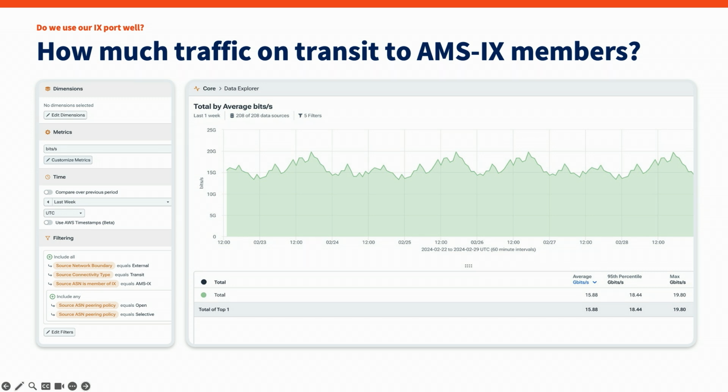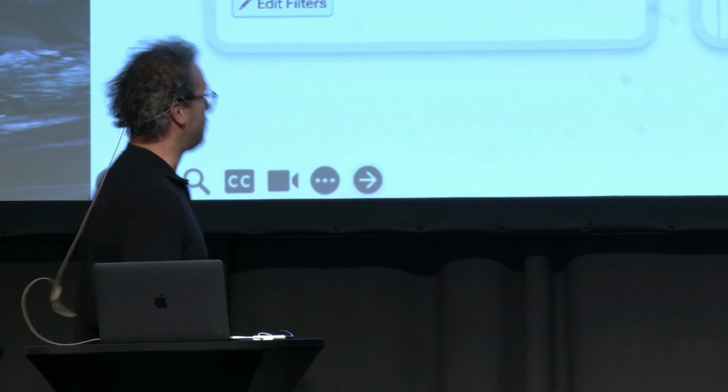So what are we querying here? We are asking a certain platform about traffic. Show us the total traffic that has a network boundary. One of the enrichments is to look only at traffic outside our network coming into our network, so external traffic coming in.